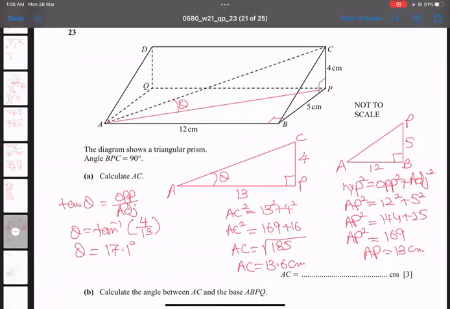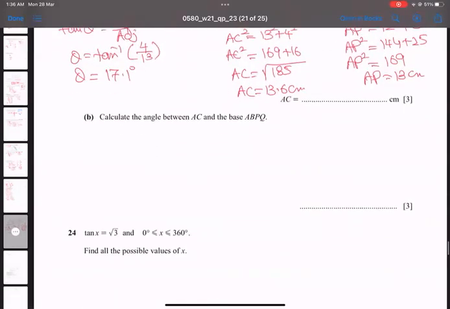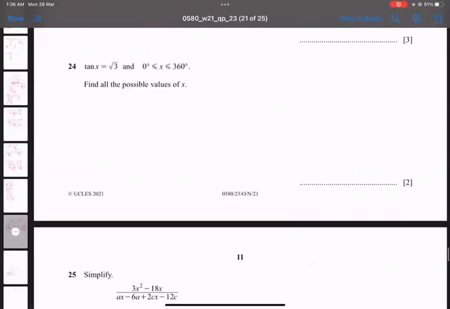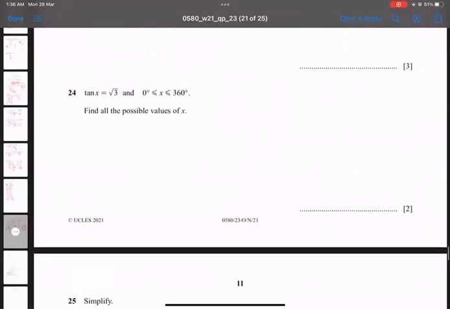And now I'm going for the next question. Oh, sorry, this one is number 24. How to get number 24? Tan x is equal to root 3. First of all, we talk about the CAST property, C-A-S-T. C for cos, A for all, S for sine, T for tan.